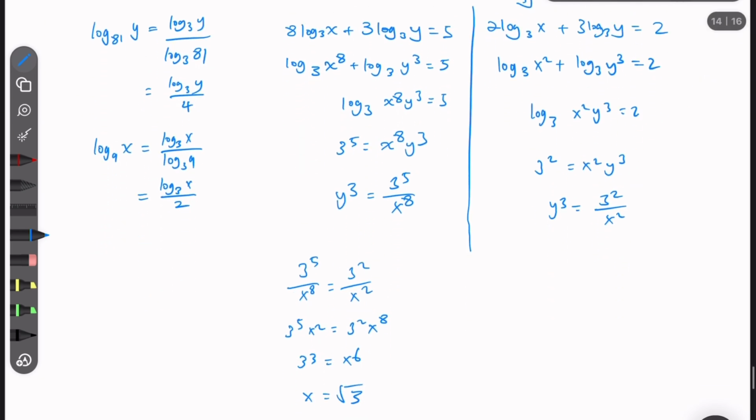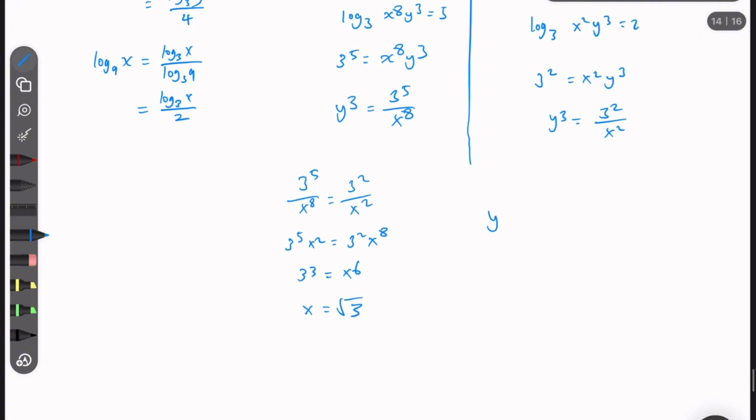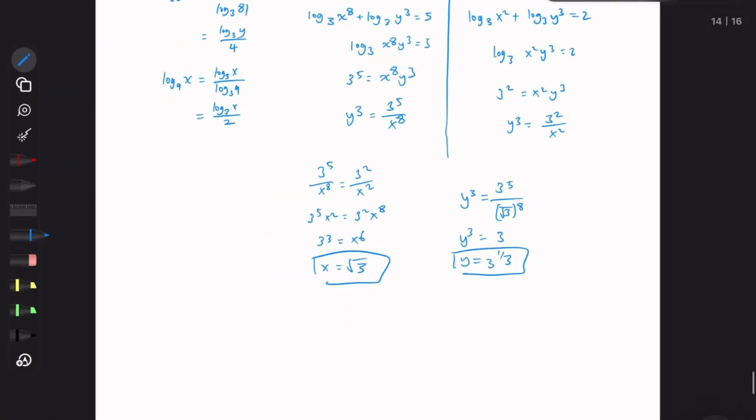So x is equal to root 3, and then to find y, we can sub it back in. So y is equal to 3 to the power of 1 over 3, and x is equal to root 3.